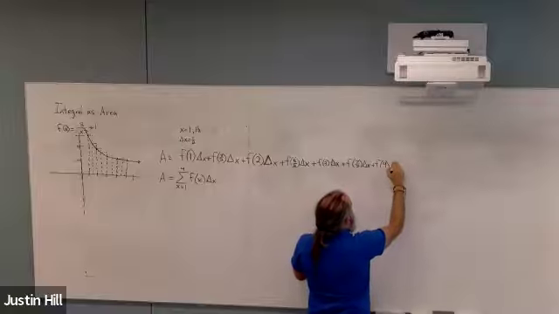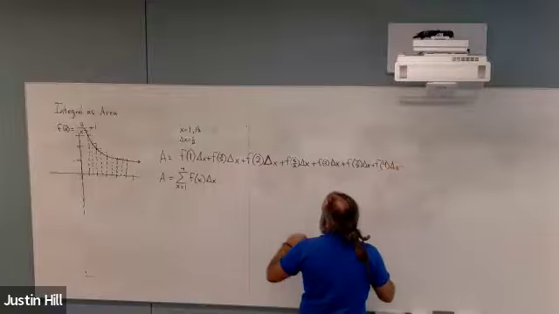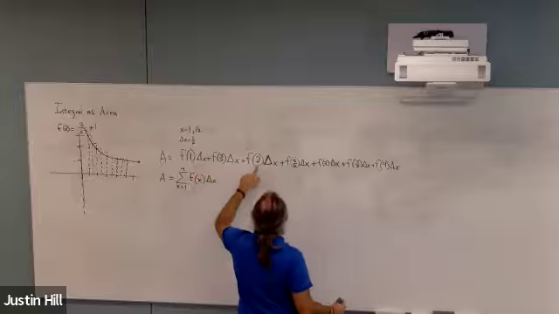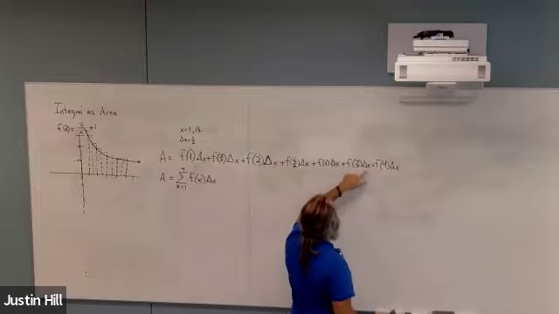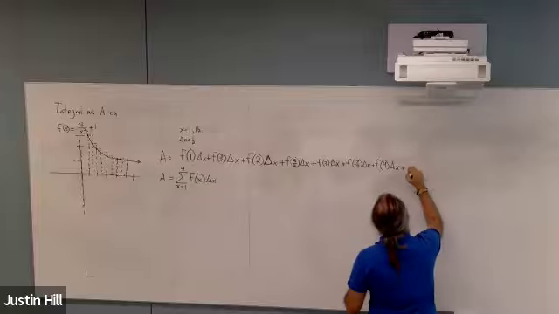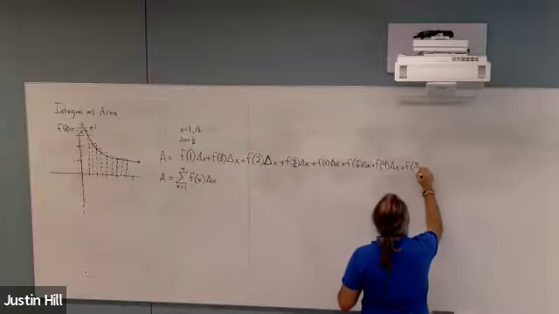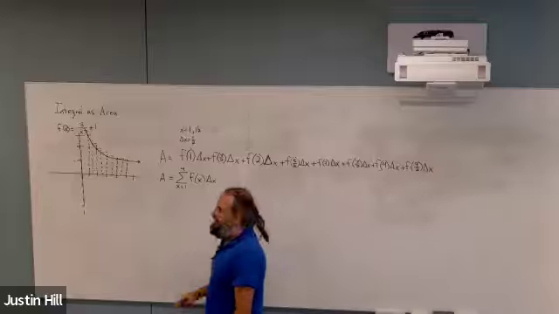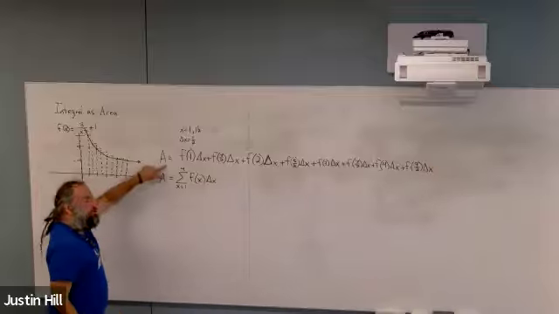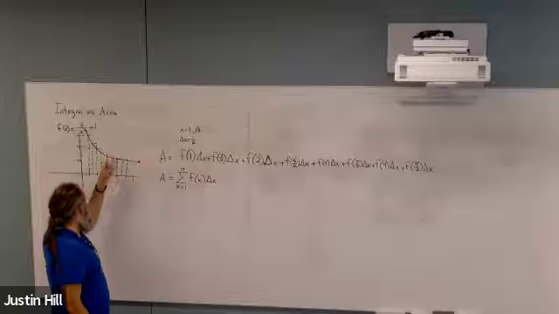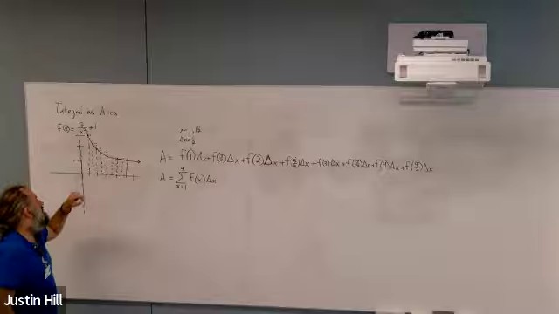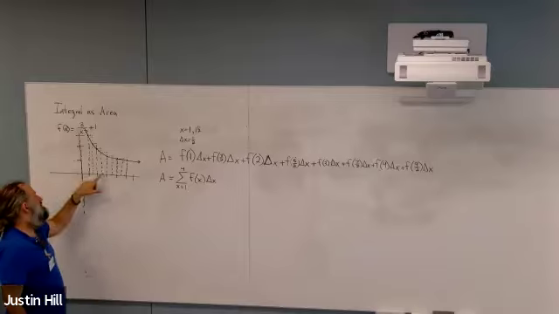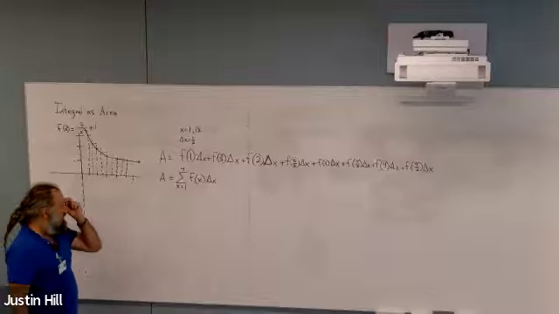Plus now f of 9/2 times delta x. And this would be all 8 rectangles now. And this will give us our new area, our reduced area, still above the area of the curve, but reduced based off of the delta x being 1/2.